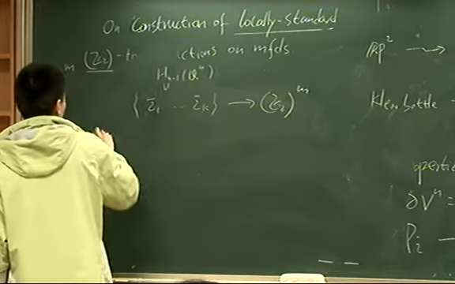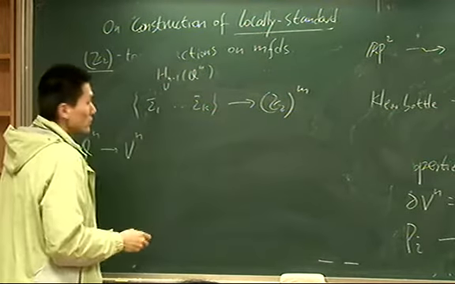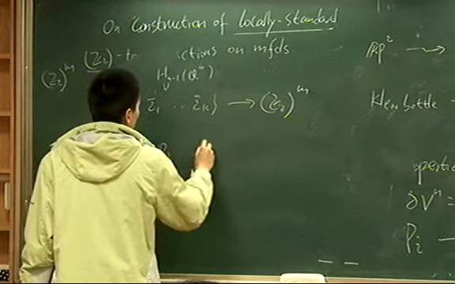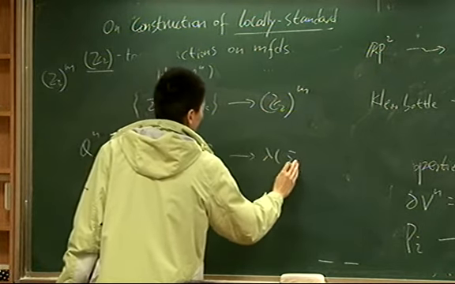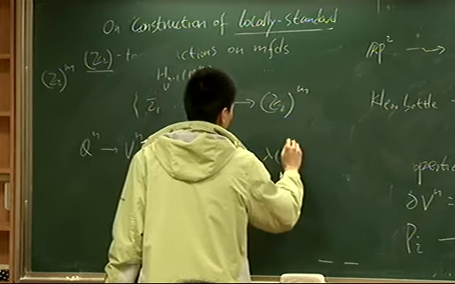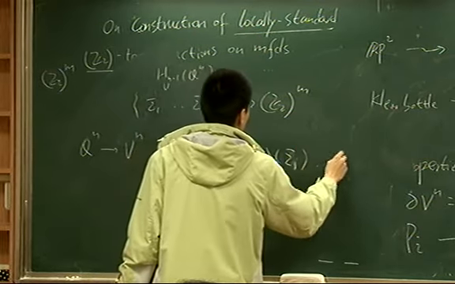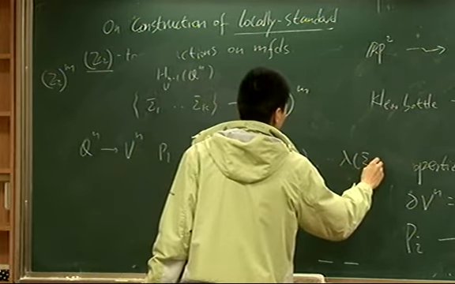Now suppose we have a Z2-core with panels P1 to Pk, numbered by sigma 1 to sigma k.